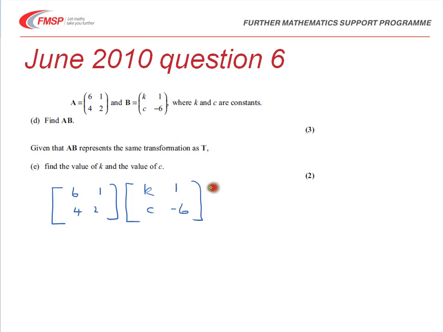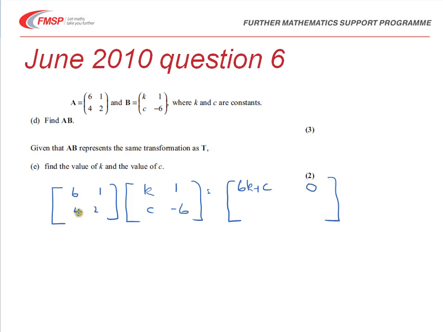The multiplication is straightforward, algebraic of course, so we get 6k plus c, and then in the second element on the first row we've got 6 and then minus 6, giving us 0 as that element in the first row, beg your pardon.